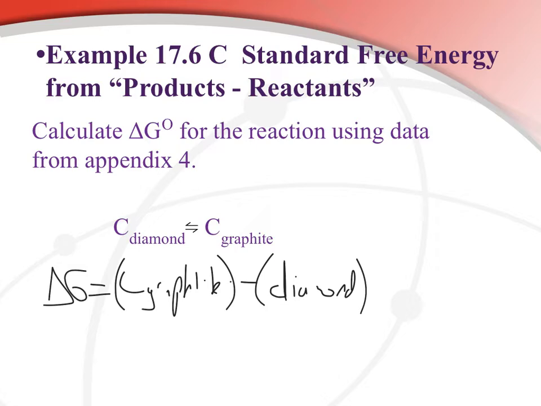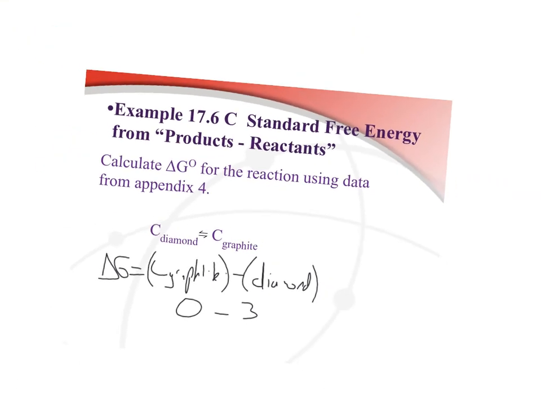And what you get is 0, because graphite is the natural state, minus 3. And when you do that, you get delta G is negative 3, which means this reaction is favorable. Diamond turning into graphite is a favorable reaction.